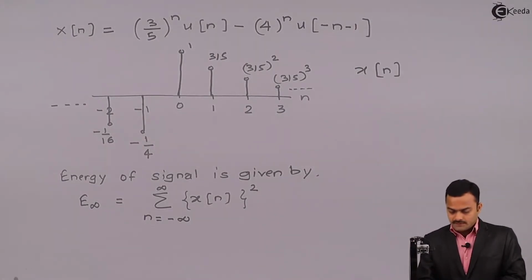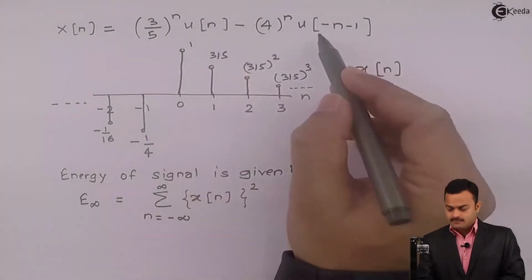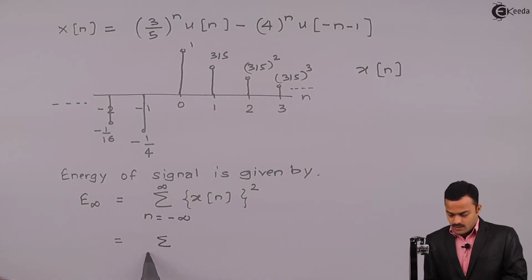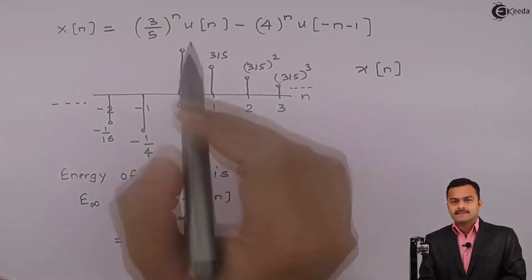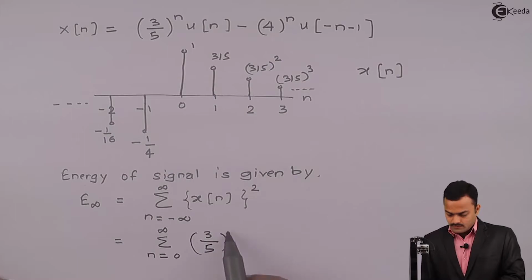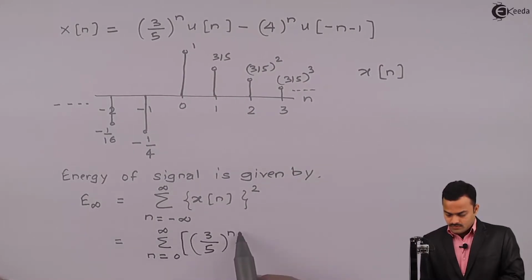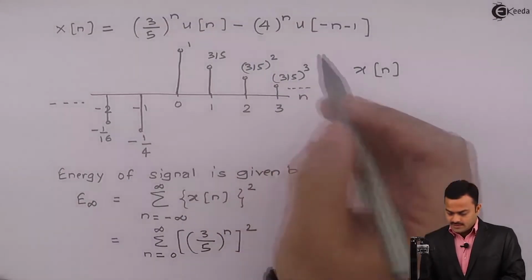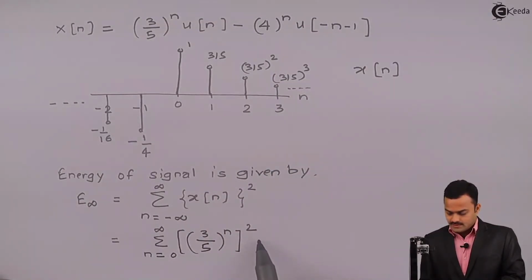Now, because of u of n and u of minus n minus 1, for n equal to 0 to infinity only the first signal will exist, and its square will be (3/5) raised to n whole square.